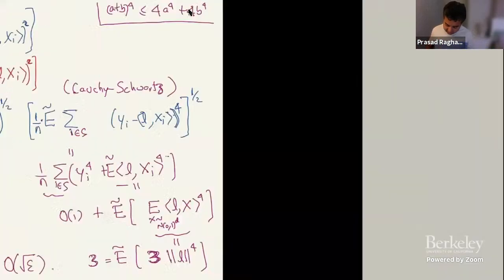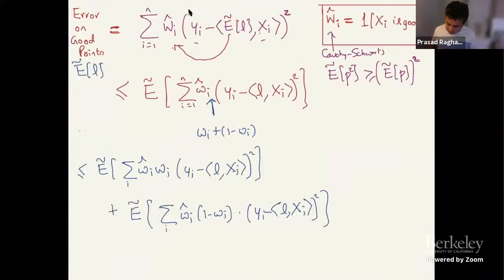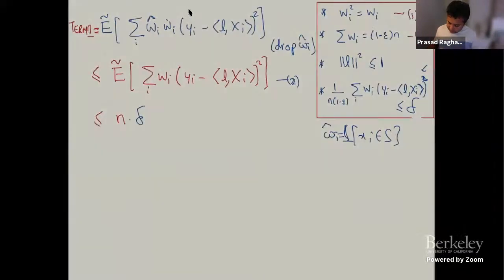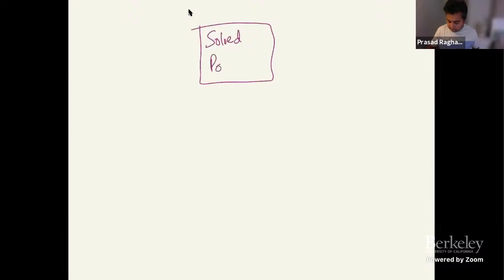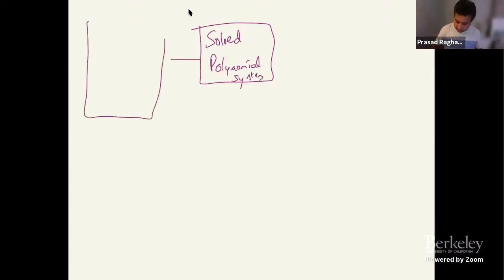And the second thing is something conceptual: in some sense, if you had a black box, a magical box that solved polynomial systems, and you fed it the polynomial system that we wrote down for linear regression, then at least in that case, we should be able to prove that the output is what we want.